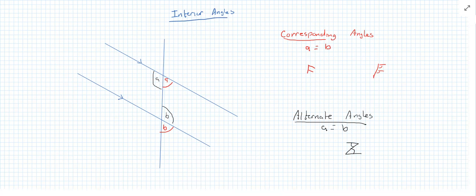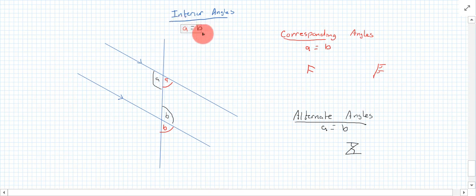So in this case we have the angle A, which is in red, which is this one here, and then we have the angle B.